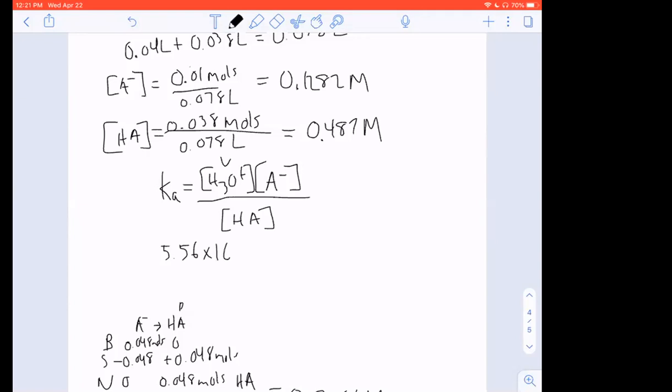So 5.56 times 10 to the minus 8th equals the concentration of H3O plus times A minus, which is 0.1282, over 0.487.